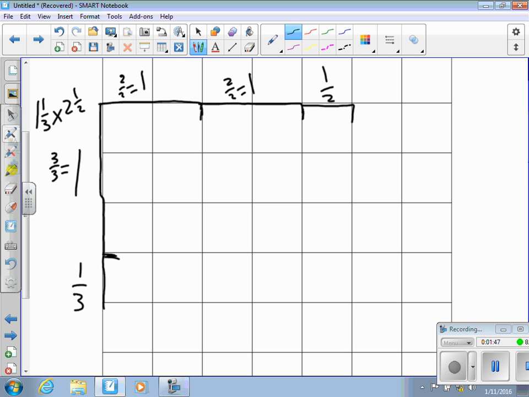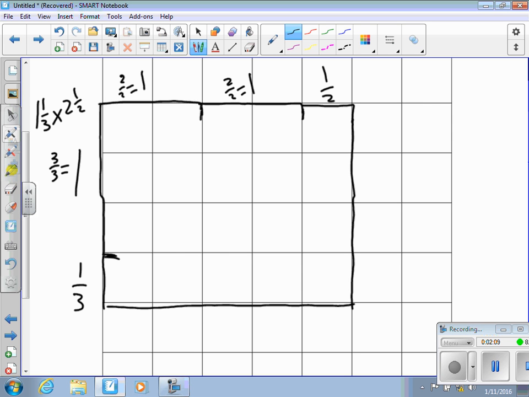So now we're going to finish the outline of our area model. Now, when dealing with mixed numbers on your area model, you've got to be able to identify the 1 whole. How many parts do we have in our 1 whole in this area model?